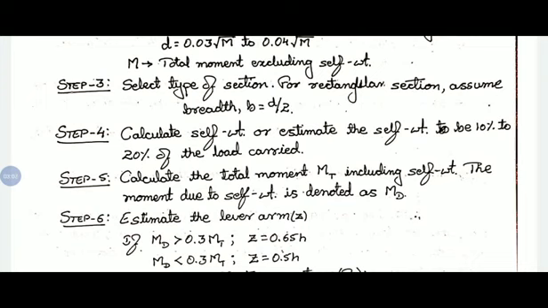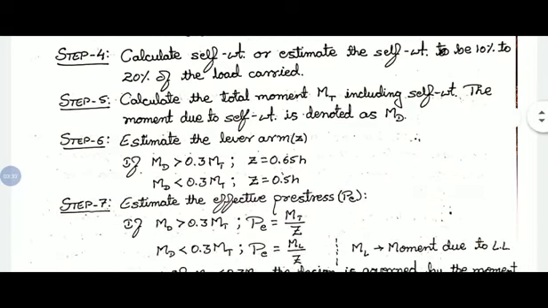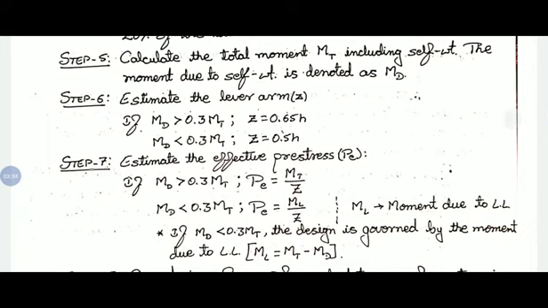Then we need to find out the moment due to self weight. The total moment includes the moment due to self weight as well as live load. The moment due to live load we denote as ML, the moment due to self weight or dead load we denote as MD, and the total moment is MT. Then estimate the lever arm.